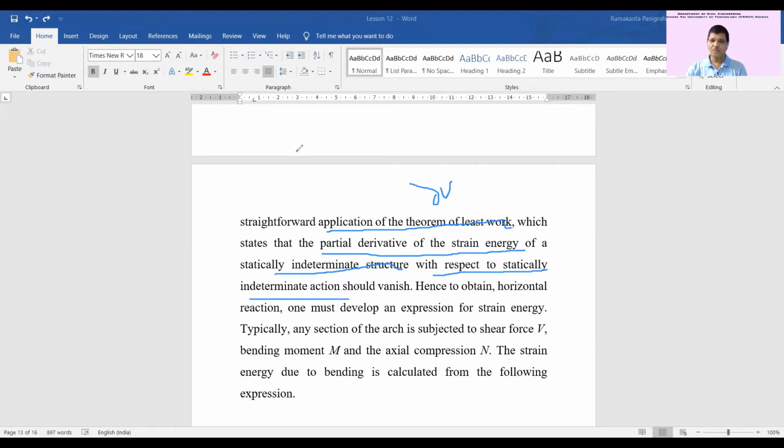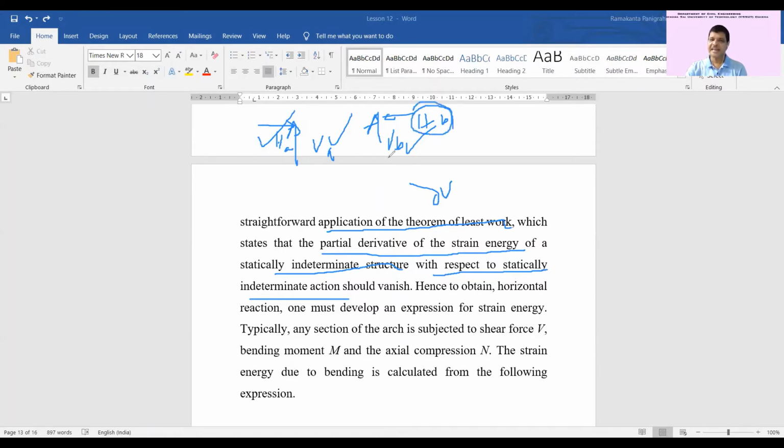So we have these four unknowns: VA, HA, VB and HB. Out of the four, if you are able to calculate VB, then VA and HA can be found using the equations of statics, and the only indeterminate reaction is HB.